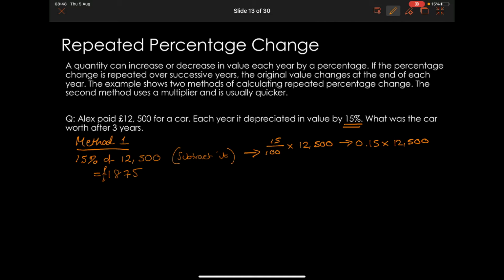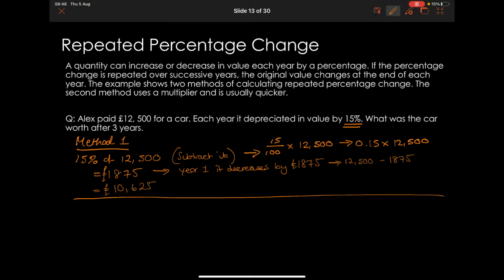So after year 1 it decreases by £1,875. So I need to do 12,500 take away 1,875, which gives me 10,625.